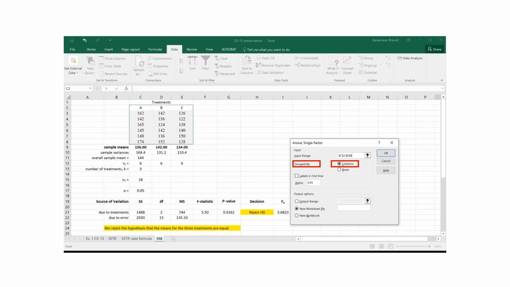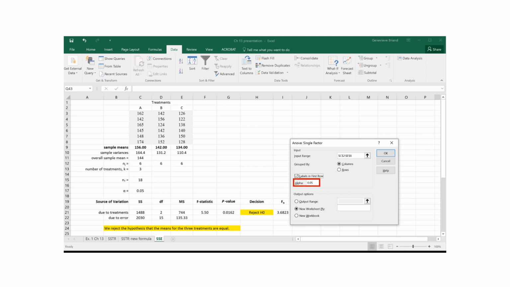Grouped by Columns should be selected, because this is how our data was presented in our table. We check the Labels in First Row box to indicate that the input range we just specified did include our column labels in the first row of our selection.